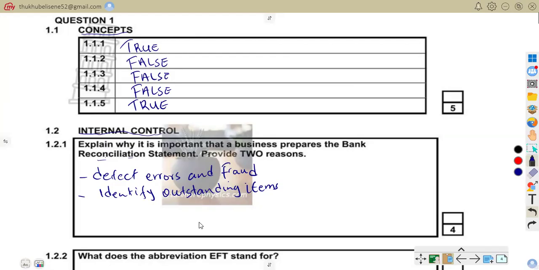For example, you deposit 5,000 today, but the bank only records it tomorrow, and this appears as an outstanding deposit. So that is what we are saying, is to identify outstanding items.